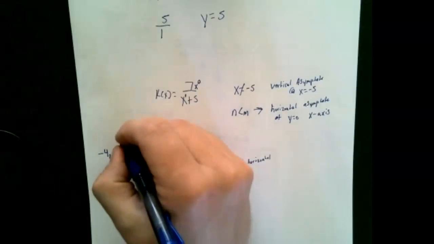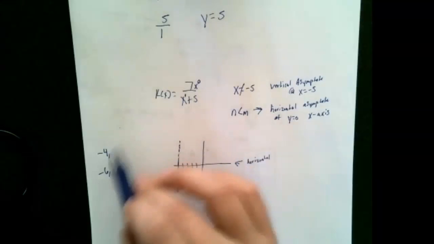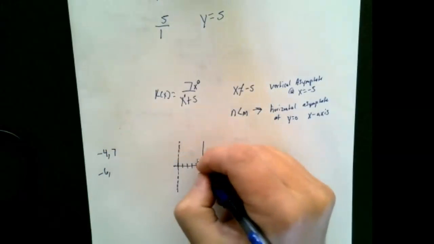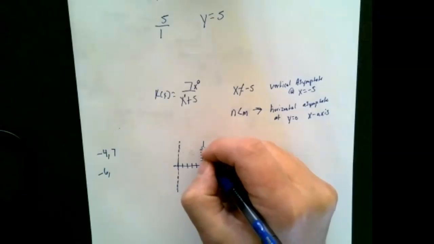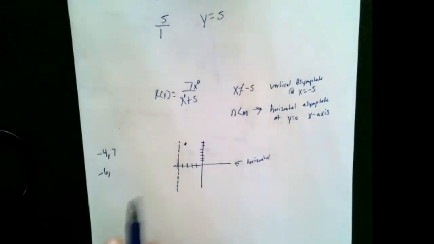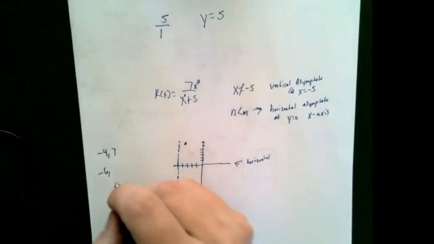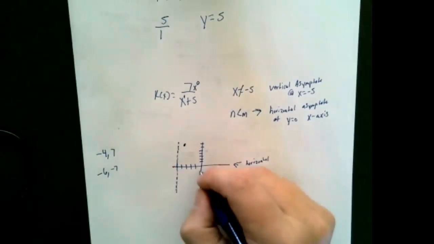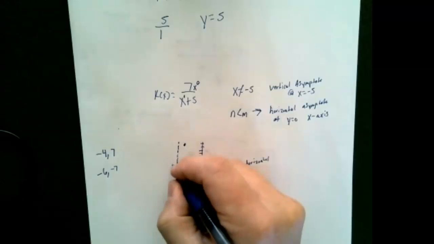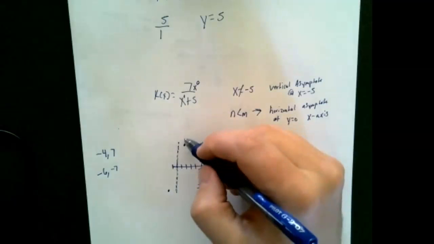When I plug a -4 in, I get 7 divided by a +1, because -4 plus 5 is 1. So that's going to be 7. -4, 7. 3, 4, 5, 6, 7. That's this point. Then when I plug in -6, -6 plus 5 is a -1. 7 divided by -1 is a -7. 2, 3, 4, 5, 6, 7. So that's this point. Believe it or not, from this, I have enough information to graph it.